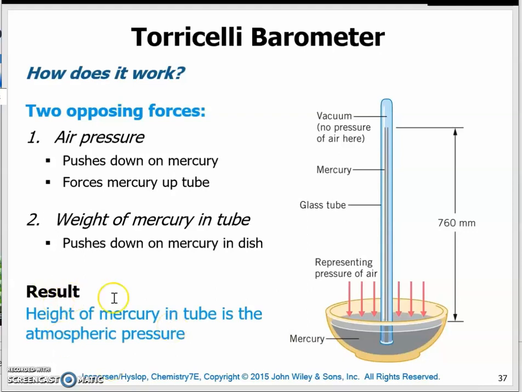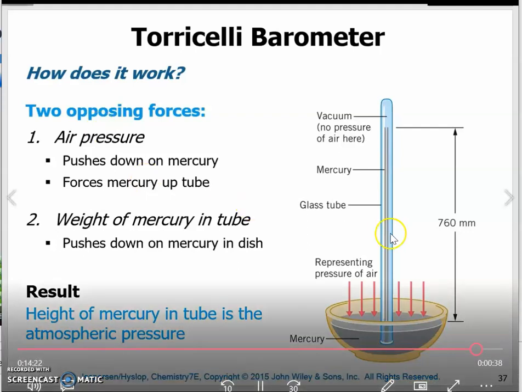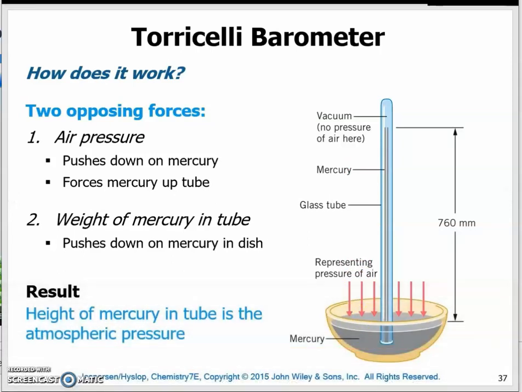So the main takeaway for how to read barometers is that the height of the mercury in the tube describes the atmospheric pressure. If there's more atmospheric pressure, it'll push down with greater force, and the height of the mercury will be pushed up higher.